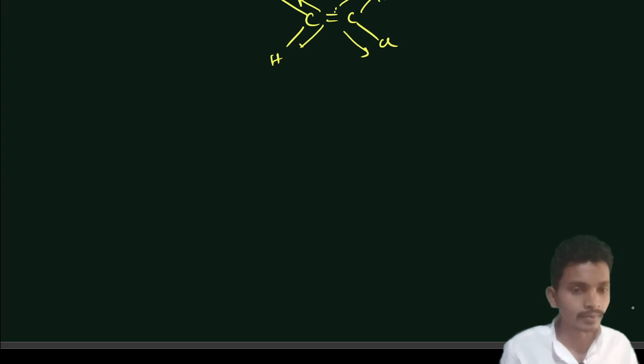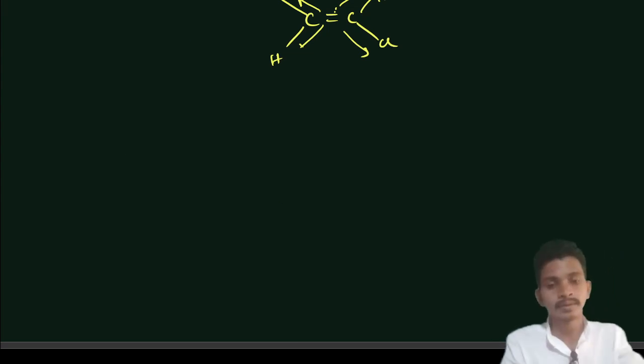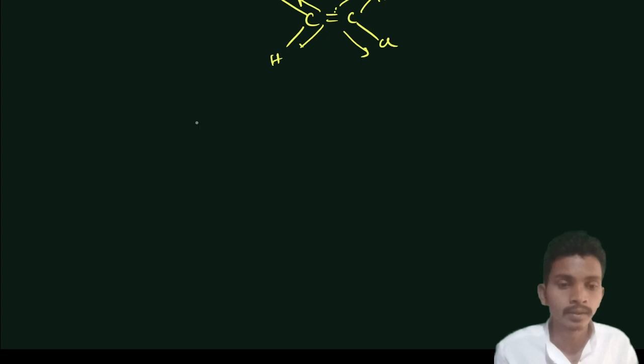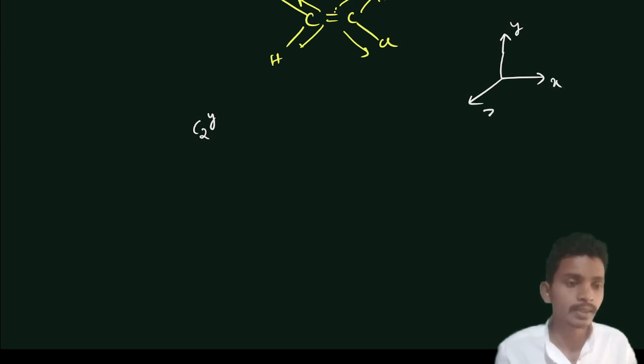Let's say I take C2y, where this is the y axis, this is the x axis, and this is the z axis.